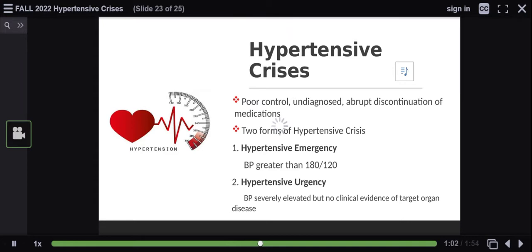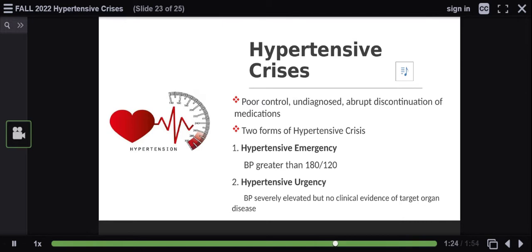With hypertensive emergency, the symptoms develop over hours to days, and you would see clinical evidence that target organ damage has already occurred. That makes this the more severe type of hypertensive crisis, so that's why it is an emergent situation.